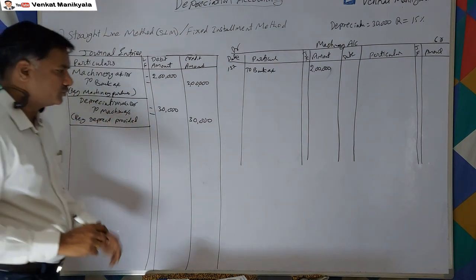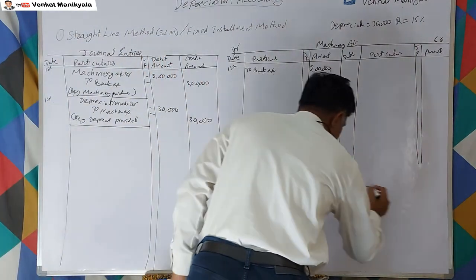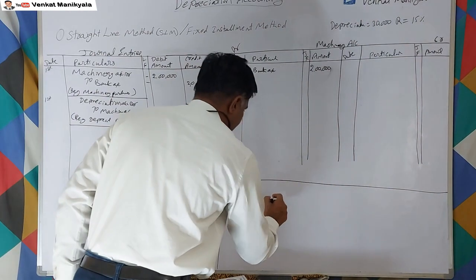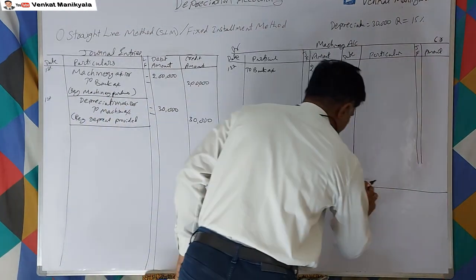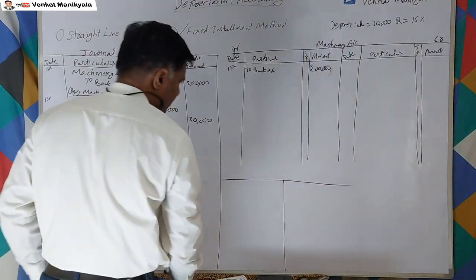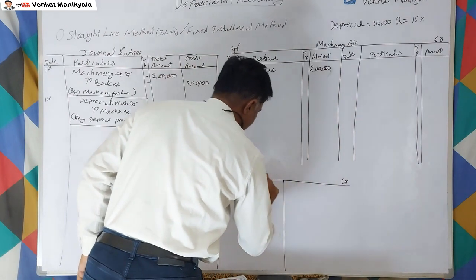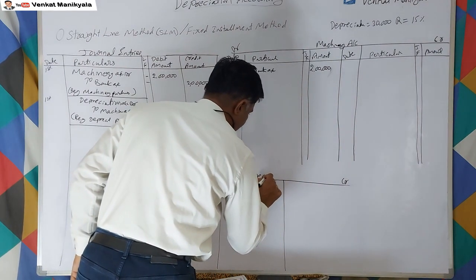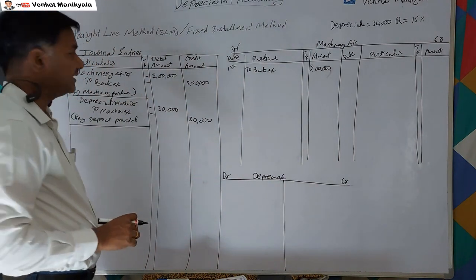So this we have to post. We need one more account, that is the depreciation account, right? For this I am not maintaining all these columns, but you are supposed to maintain all these columns. Depreciation account, debit side and credit side, right?